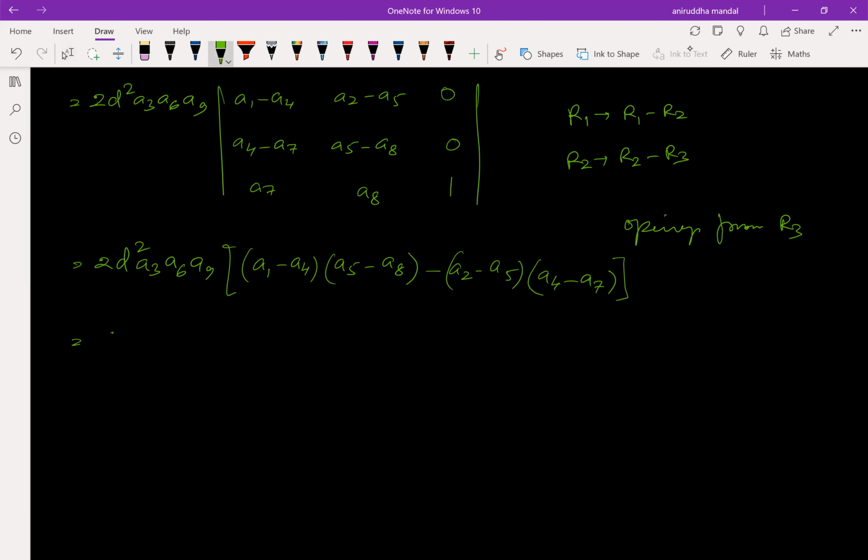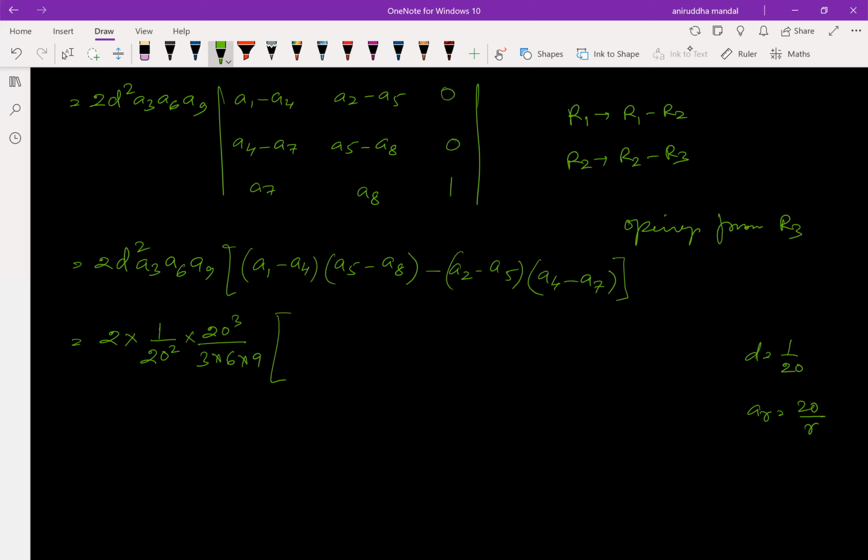Now just substitute the values of all. So 2 d square, d is 1 by 20. So this is 1 by 20 square into a3, and we know a_r equals 20 by r. Now this is 20 by 3, 20 by 6, and 20 by 9. So we can write this as 20 cube by 3, 6, 9.